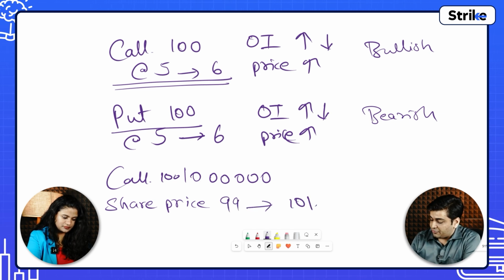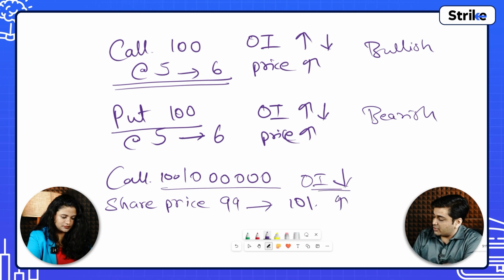Initially there were a lot of open interest contracts on the call 100 strike, and the open interest has reduced drastically, and prices have gone above this particular strike. So what does this mean?